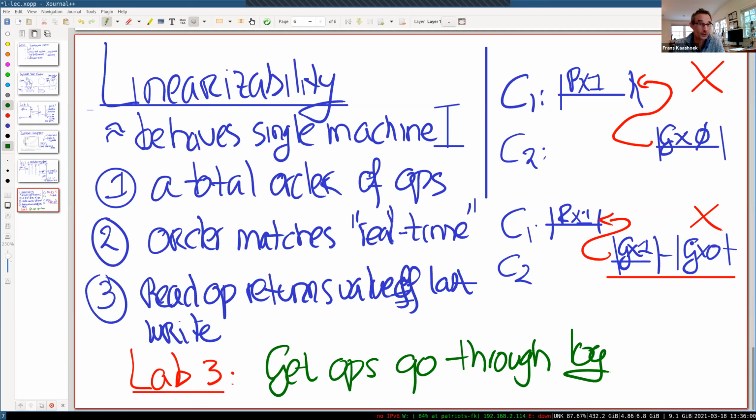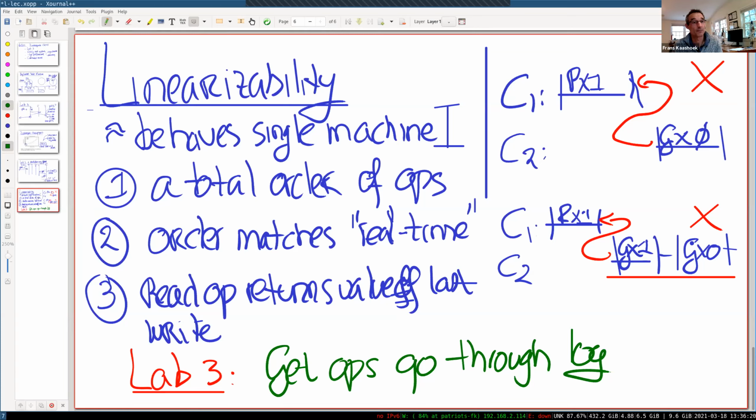And as you observe, they might not all go through one machine because the leader may change over time. But we know that the leader is always totally ordered, correct? And that the log is totally ordered. And so we're going to be able to construct a total order where the order matches real time and all the reads return the values of the last write.